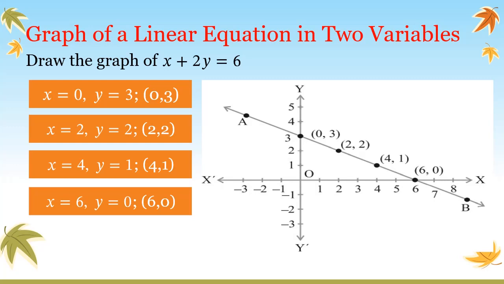Now plot all the points on the graph paper that we have learnt in our previous videos. (0, 3) lies on the positive y-axis, (2, 2) in the first quadrant, (4, 1) in the first quadrant, (6, 0) on the positive x-axis, and join all the points with the help of a scale. You will get a straight line, isn't it? That straight line is the required graph of x plus 2y equals 6.